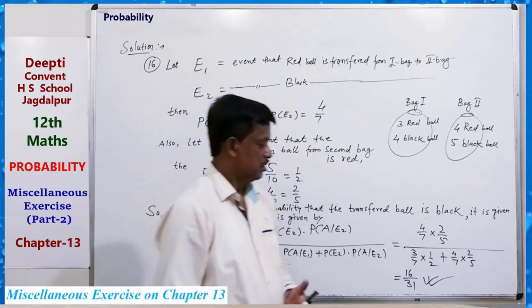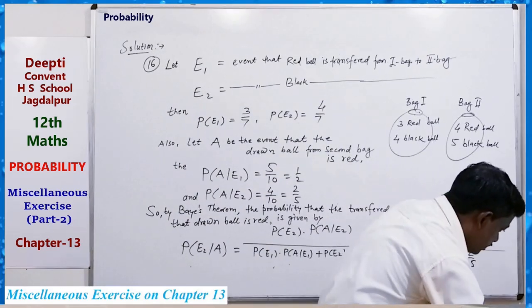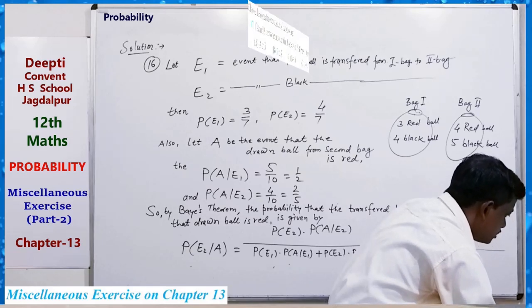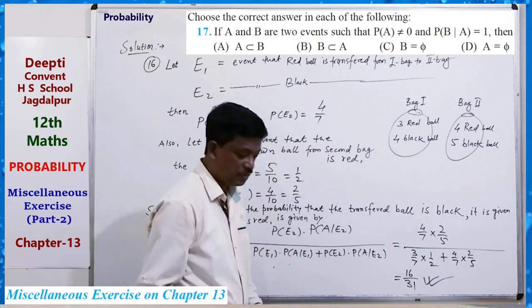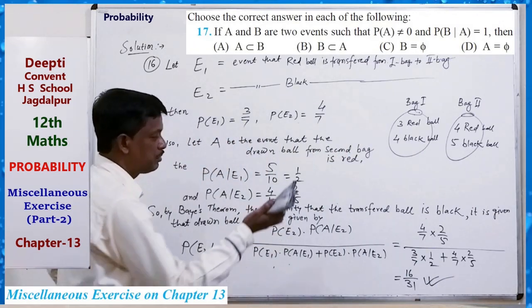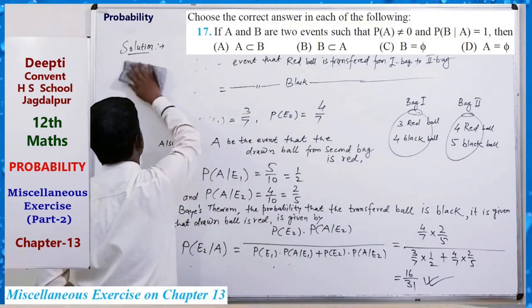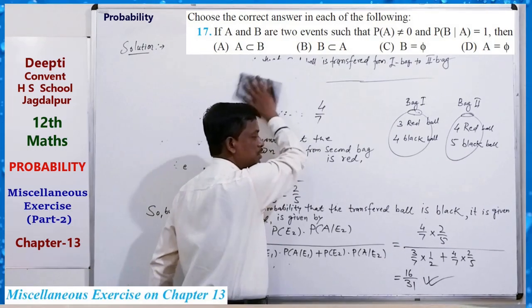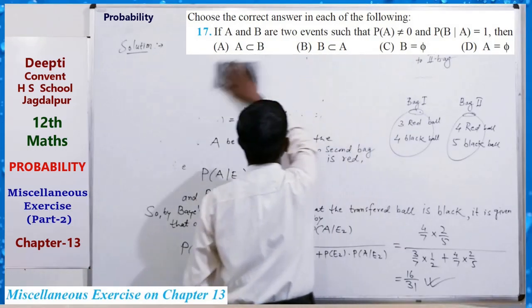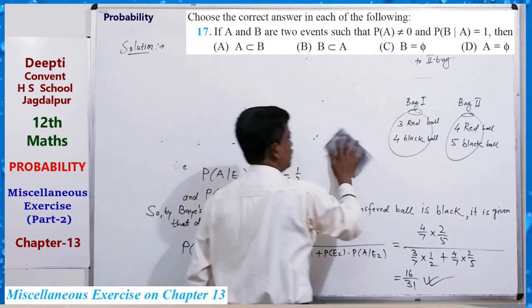Now 17, 18, 19 are objective questions. Very simple questions are there, so just practice this type of objective question. Here it is given that A and B are two events such that P(A) is not equal to 0.